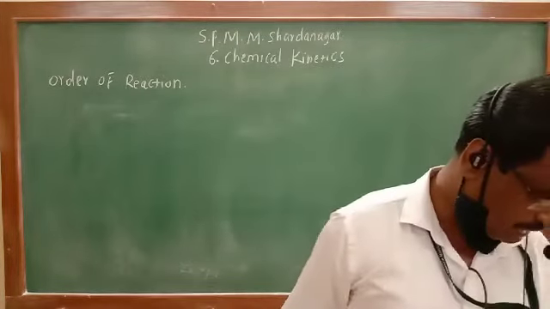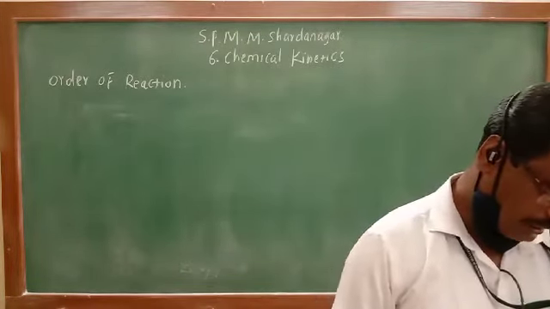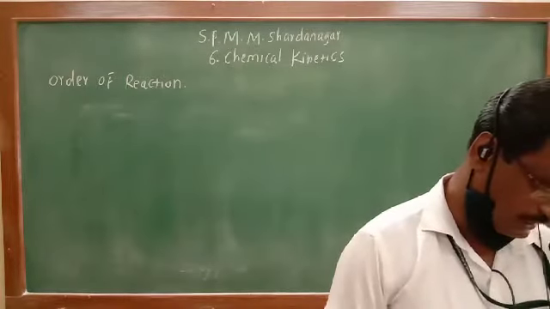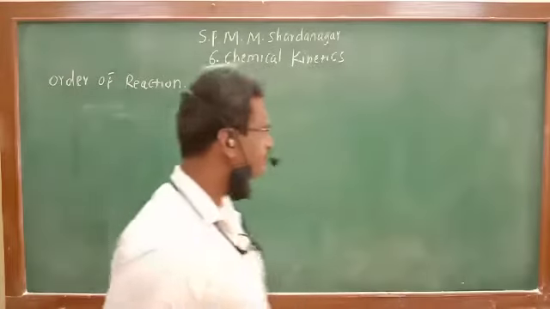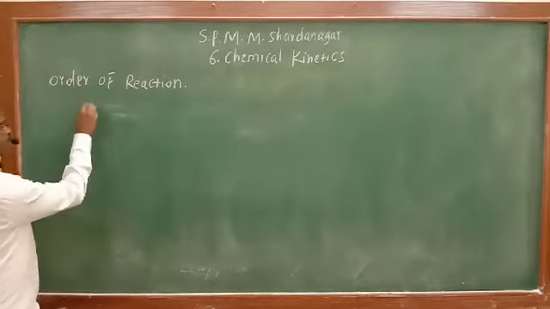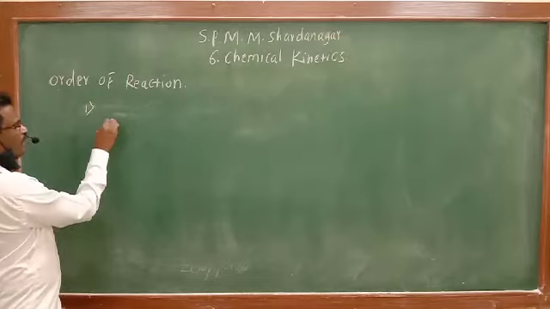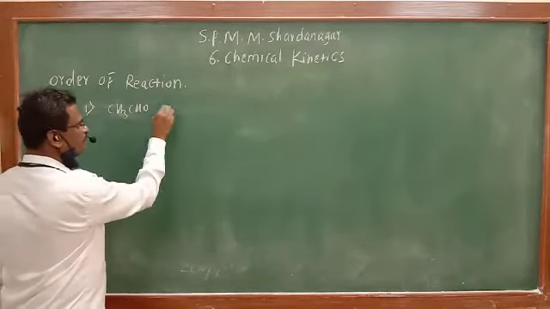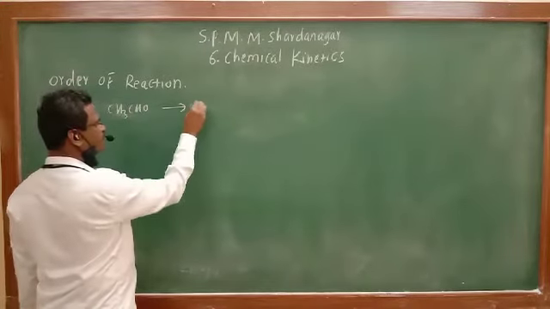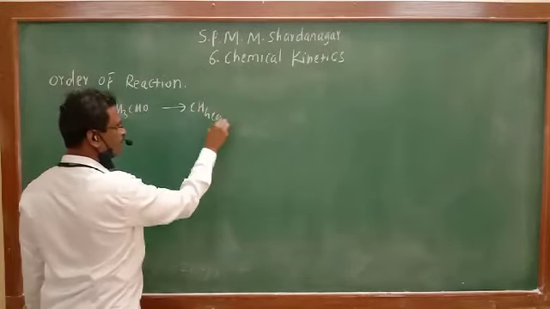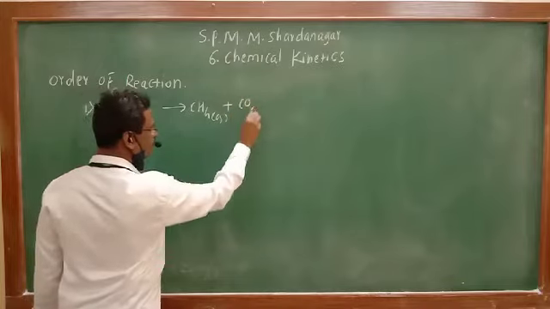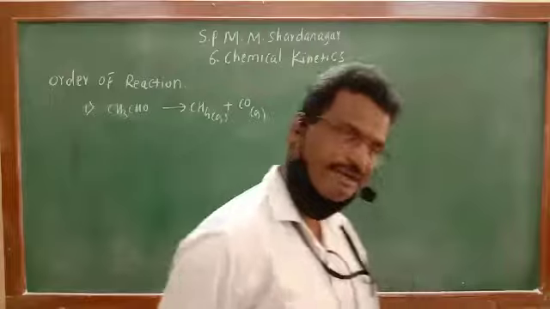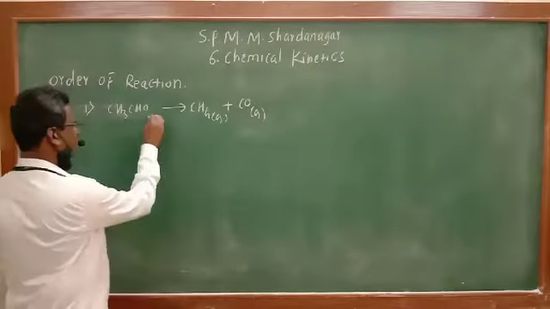First example: acetaldehyde on decomposition gives methane gas and carbon monoxide gas. This is the equation. Acetaldehyde, CH3CHO, on decomposition gives methane gas plus carbon monoxide gas. Acetaldehyde is also present in the gaseous state.